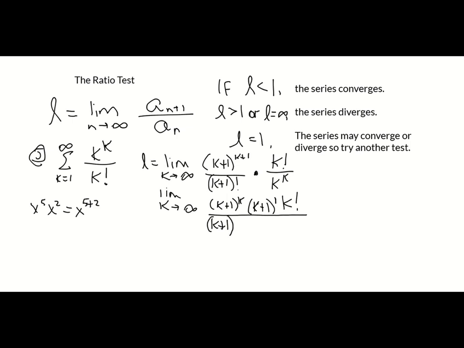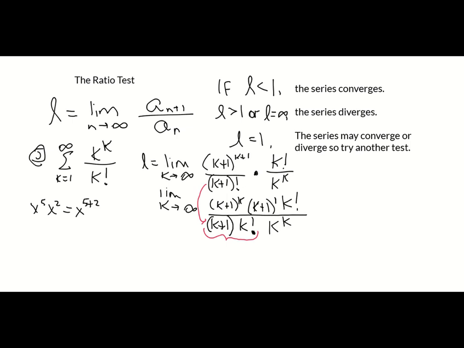What is one number less than k plus 1? I guess that would be k. So it would be multiplied times k factorial, all the numbers that come before k, we don't know how far that goes, all the way down to 1. So k plus 1 factorial simplifies to k plus 1 times k factorial. Then we're going to multiply that times k to the k power.